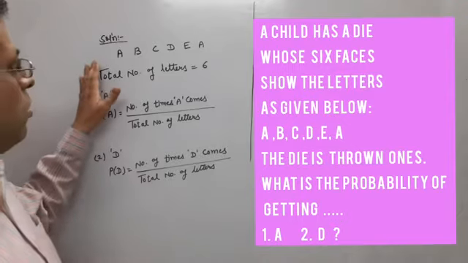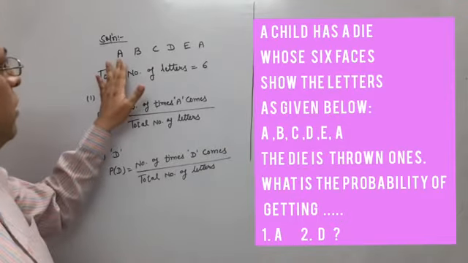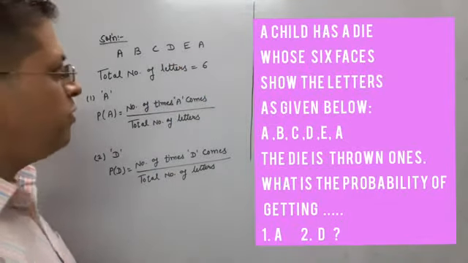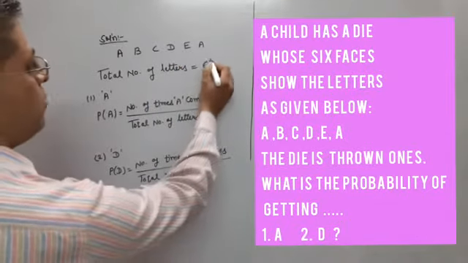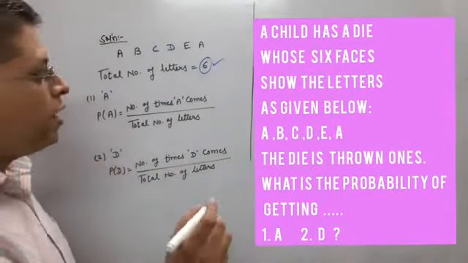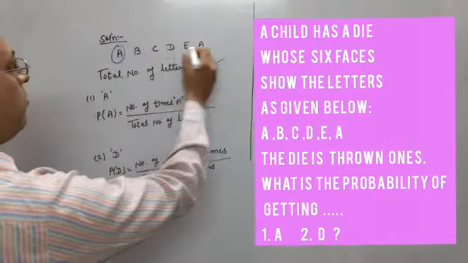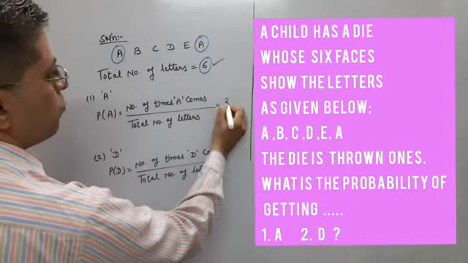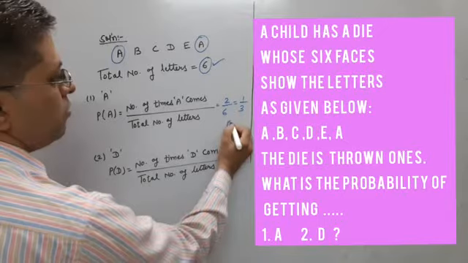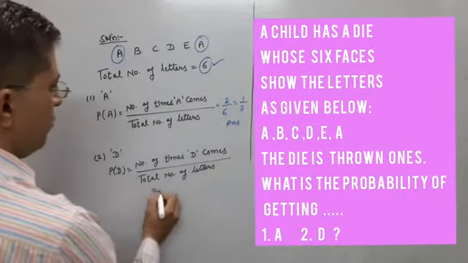Yes, see, according to the question, the faces are A, B, C, D, E and A. Total 6 faces are there. Okay, we can say total number of letters is 6. How many times does A come? 1 time and here 2 times. So 2 upon 6, what will it be? You can write 1 upon 3. This is your answer.